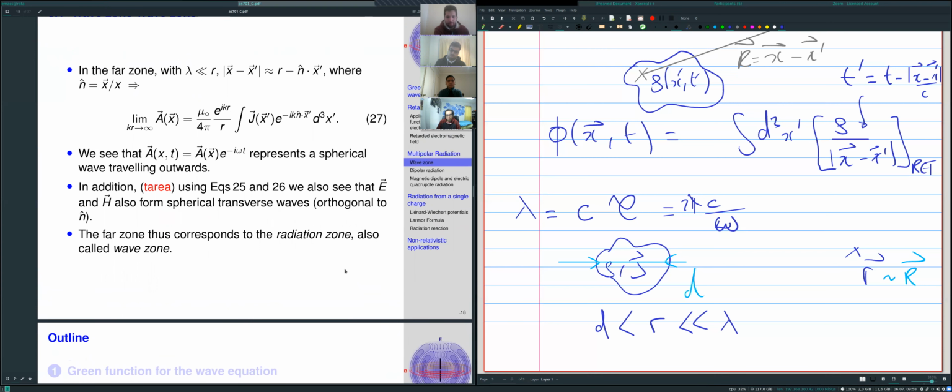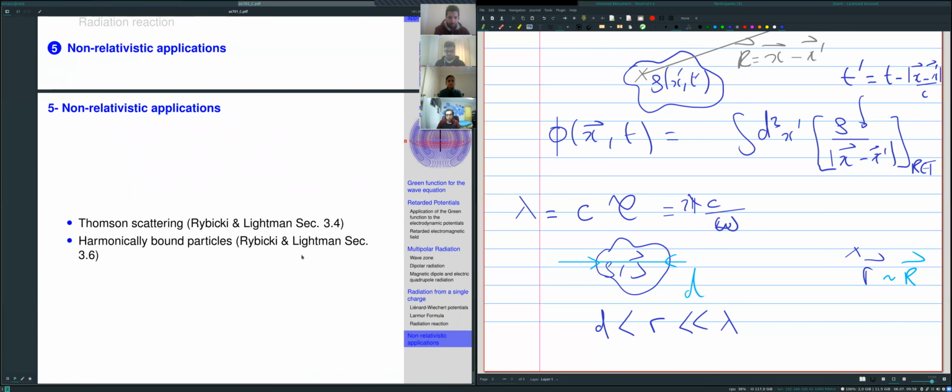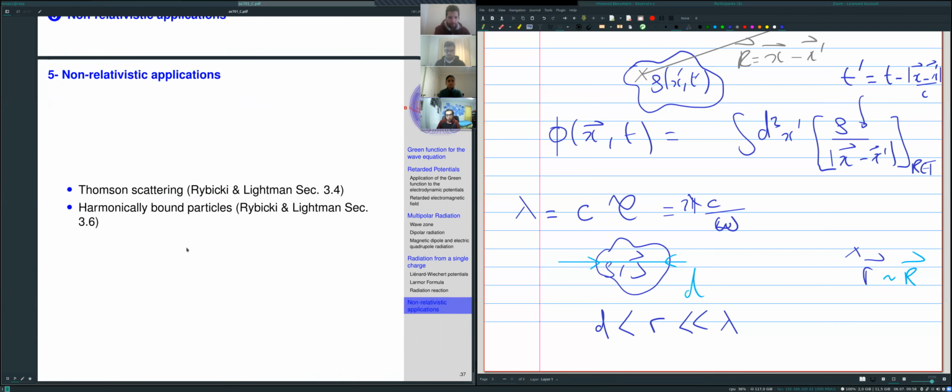And so we'll finish with the Larmor formula and some applications. And from memory, these applications are fairly important applications.